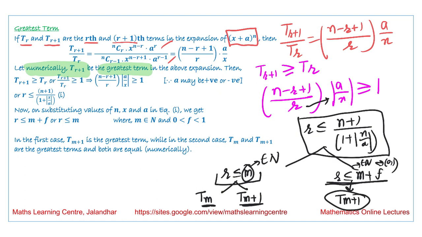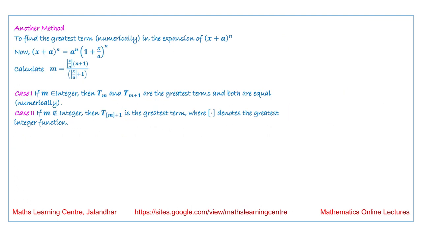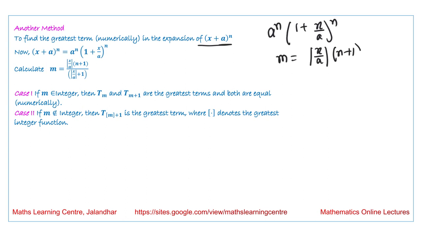Now another method to solve this: to find the numerically greatest term, we write a common factor, giving a raised to the power n into (1 plus x by a) raised to the power n. Now we calculate the value of m equal to (mod of x by a times (n plus 1)) over (mod of x by a plus 1).